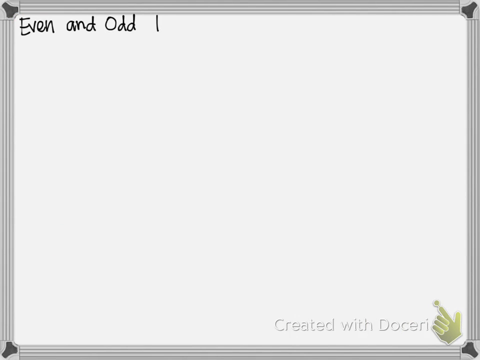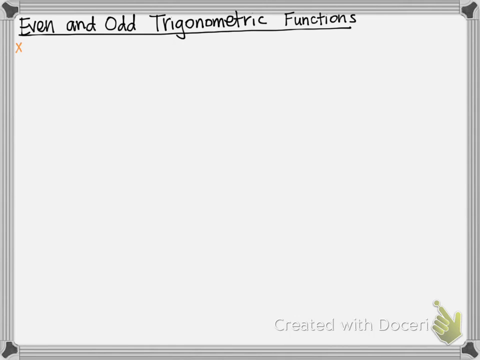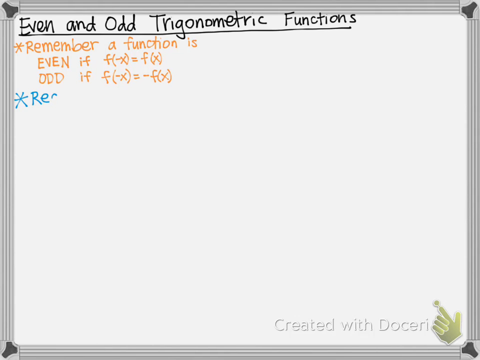When we're looking at these functions, the trig functions can be even and odd, just like regular functions. So let's just kind of remind ourselves that a function was even if f of negative x was equal to f of x, and odd if f of negative x was equal to negative f of x.